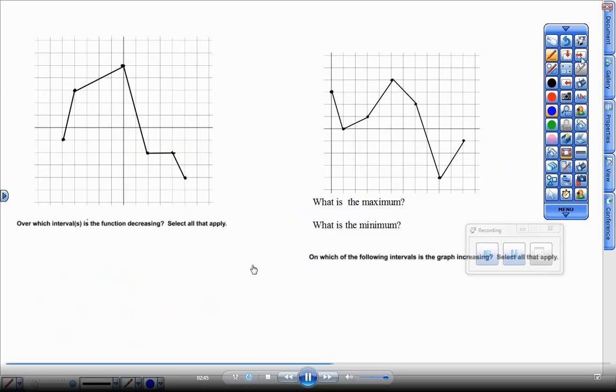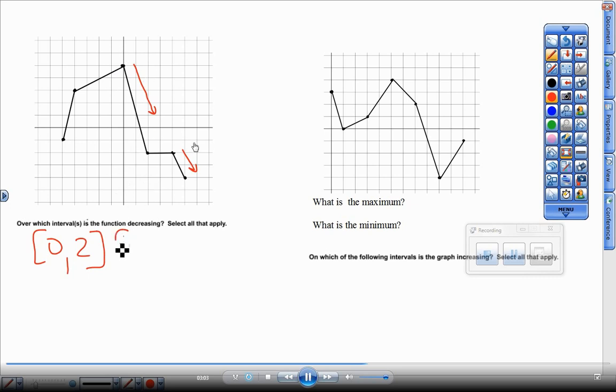Alright, almost done. These, they want you, for this first one, to see the two sections where this is going downhill. They want these answers in set notation. It might be easy for some of you to write this in interval notation first. Measured from 0 to 2 through the x-axis is this first stretch. It's going down from 0 through 2 on the x-axis.